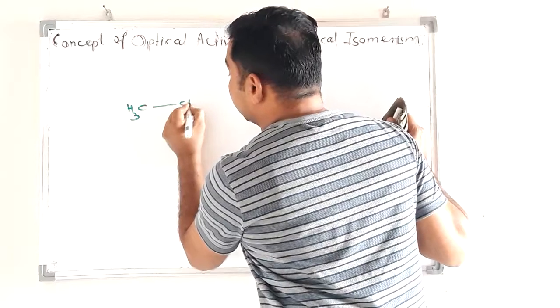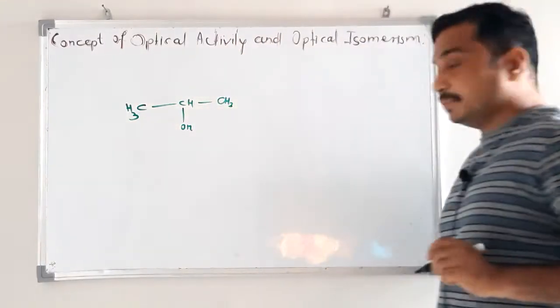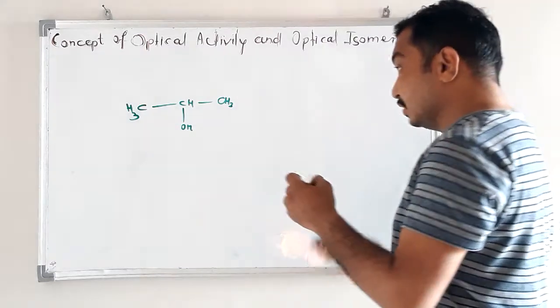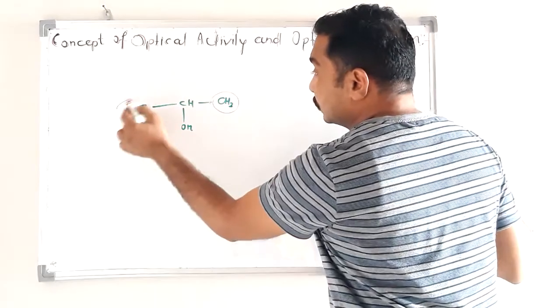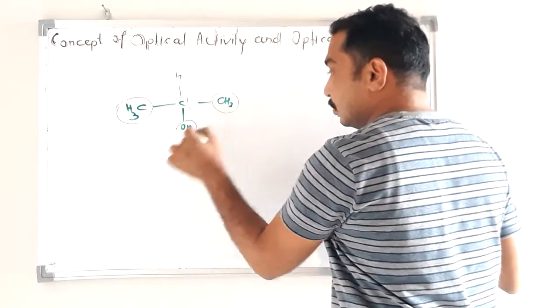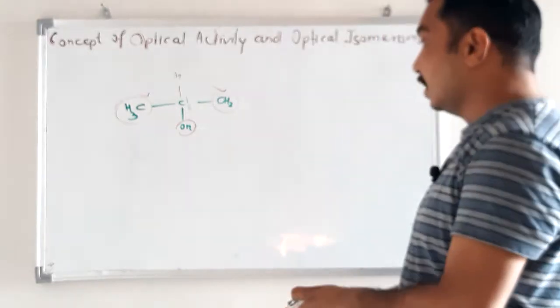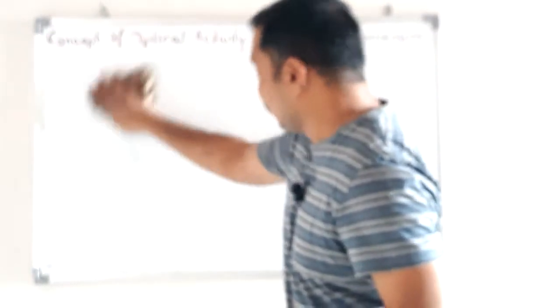CH3, CH, OH, CH3. Is an asymmetric carbon atom present? No, because of identical groups, CH3, CH3. These 2 groups are different, hydrogen and OH, but the methyl groups are the same. So it is not an asymmetric carbon atom, so it is optically inactive.